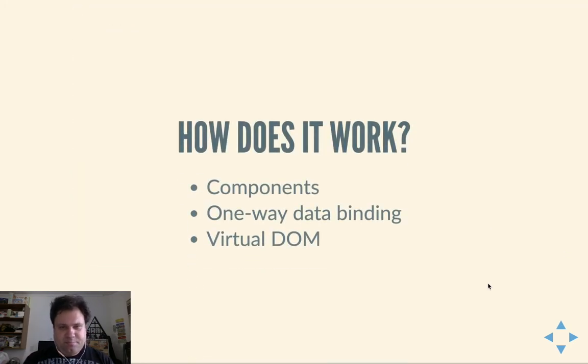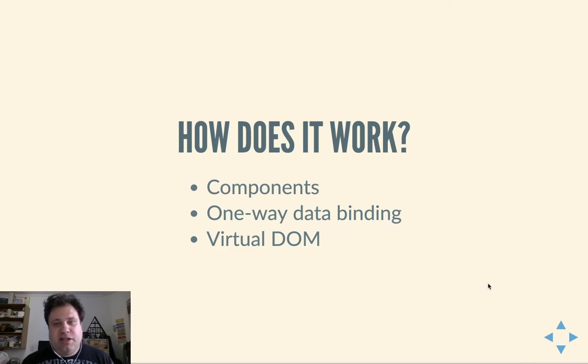All right, so how does React work? In a nutshell, React works sort of like this. You have a bunch of components that receive data as input. In that sense, it's a one-way data binding. They're receiving data as input, and they are spitting out a tree of elements into what is called a virtual DOM.